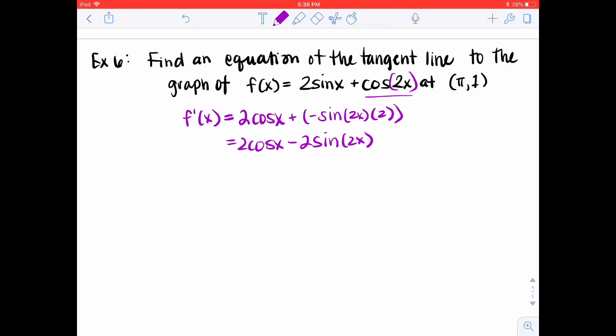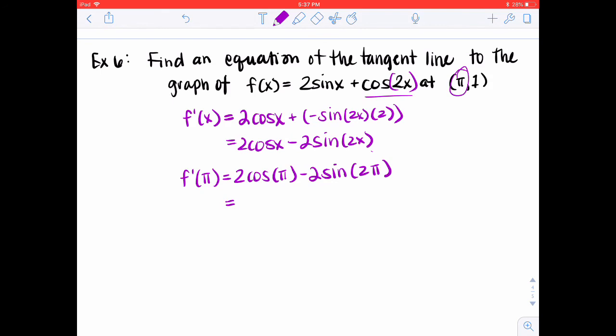Okay, so that's our derivative, and now we're going to use that derivative to help us find the slope at this point here at pi. So let's substitute pi in for x. Okay, so now we have to evaluate this.